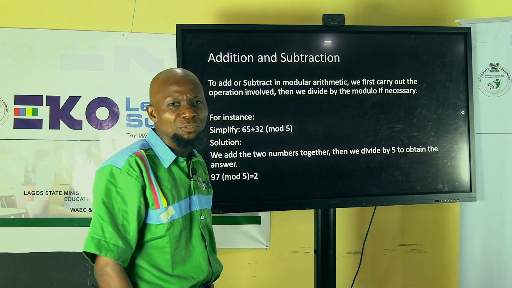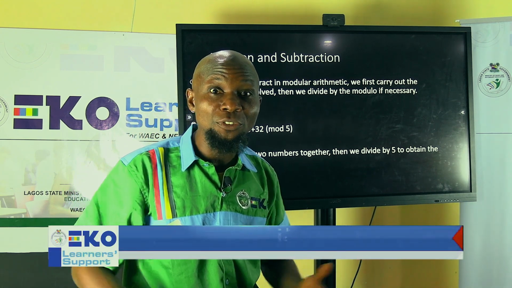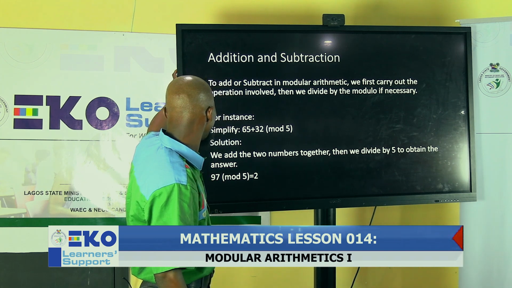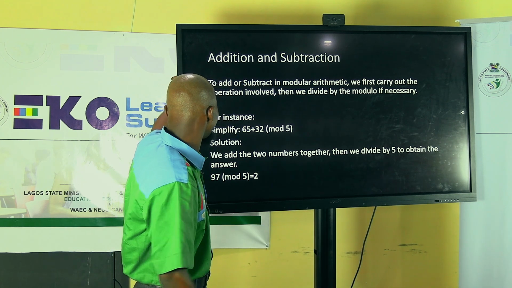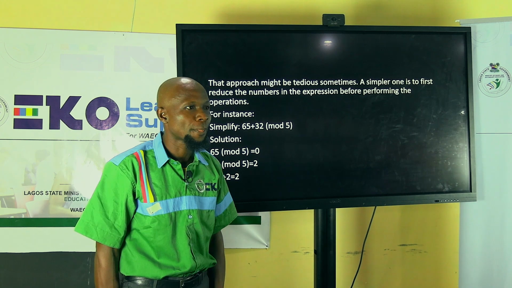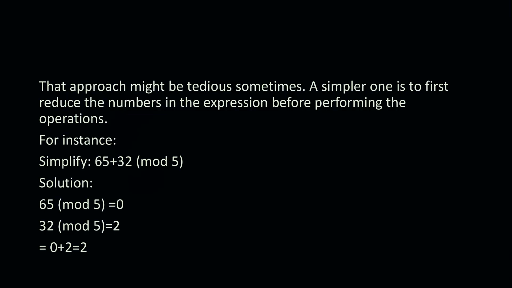Now, sometimes it may be so tedious that the number will become as large as possible. So how do we address that case? In such a case, for example, 65 plus 32, pick 65 and find the modulo. 65 modulo 5.